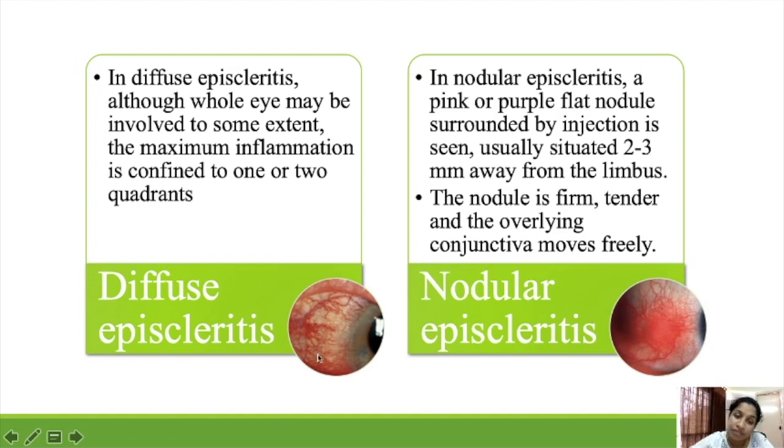You can see the nodule surrounded by congestion of blood vessels, and the overlying conjunctiva moves freely over it. So these are the types: diffuse episcleritis and nodular episcleritis.